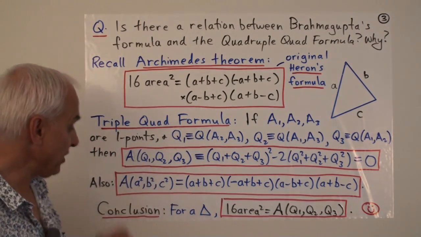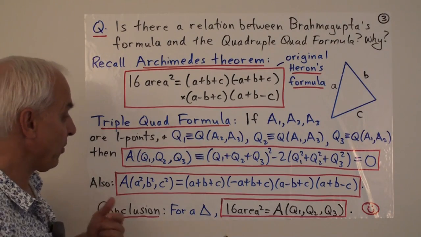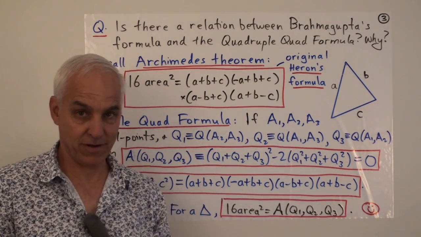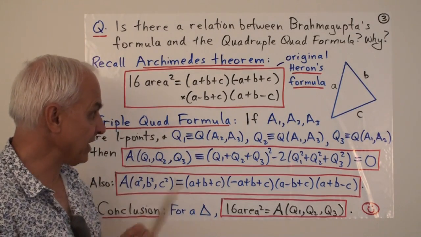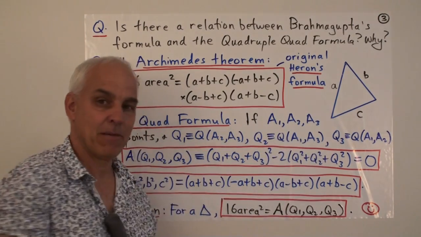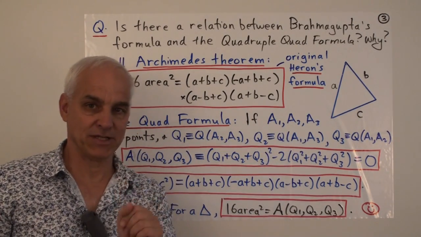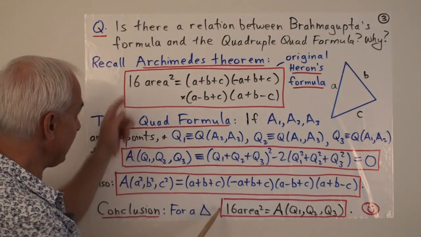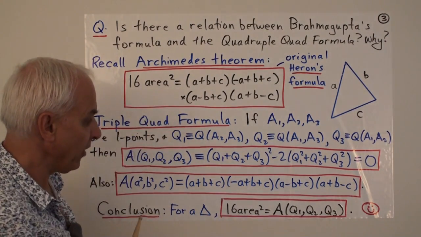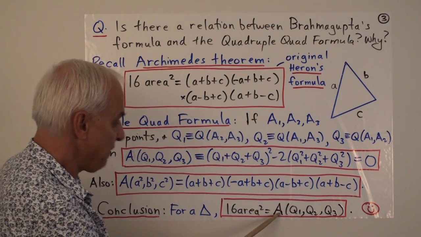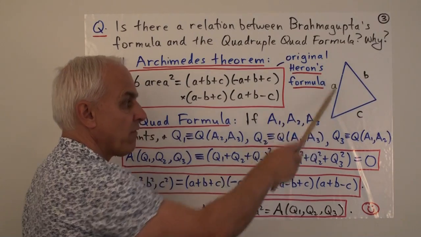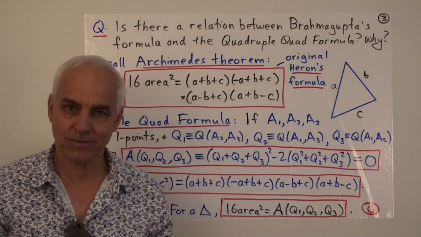And this then allowed us to conclude that there was a rational form of Heron's formula. A formula that doesn't involve the lengths, but rather the quadrances of the sides. And the formula was that 16 times the square of the area is just the A function, this one right here, applied to the 3 quadrances of the triangle.